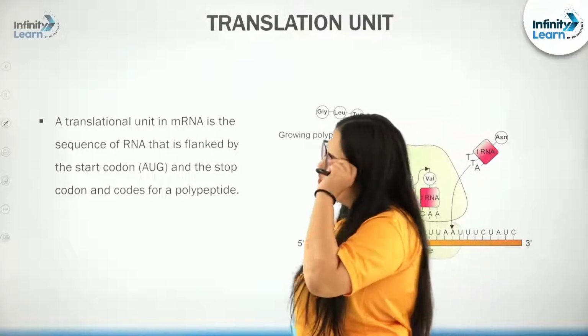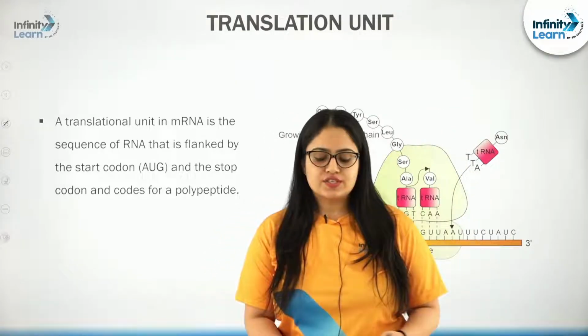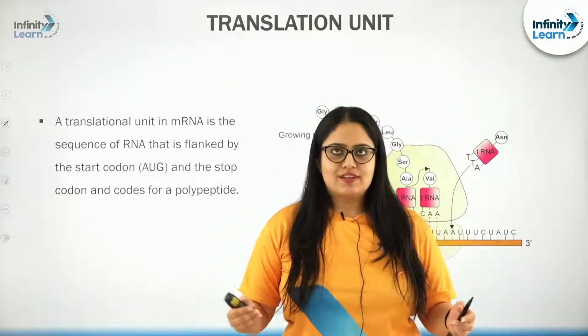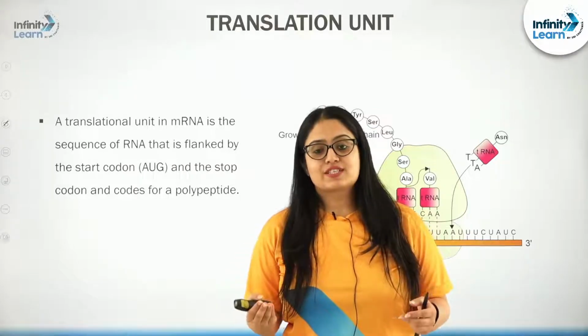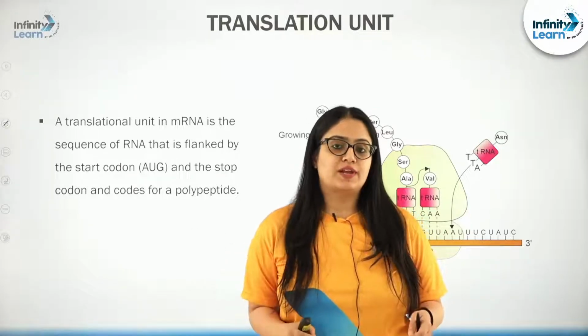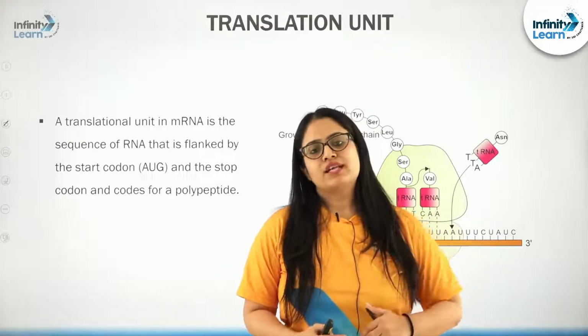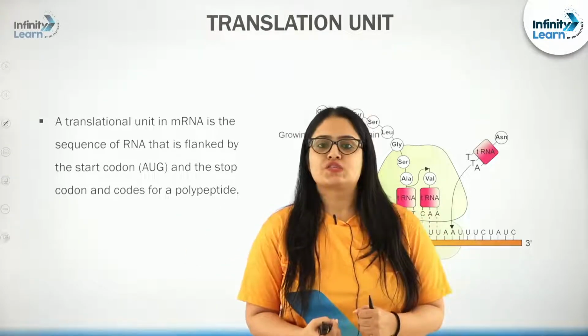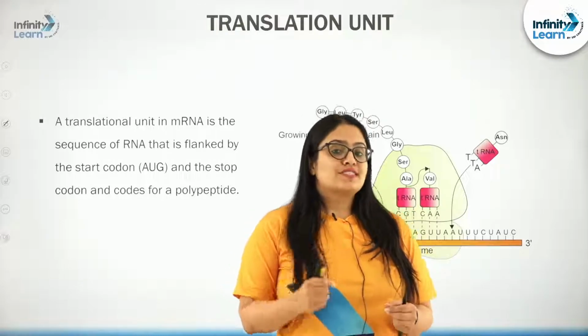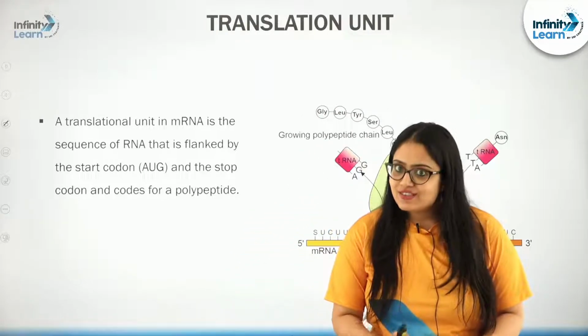Next, let's talk about what a translation unit is. Remember, before this class when I was explaining transcription, I explained what a transcription unit is. Similarly, when we are discussing the translation process, the time has come to address what a translation unit is.